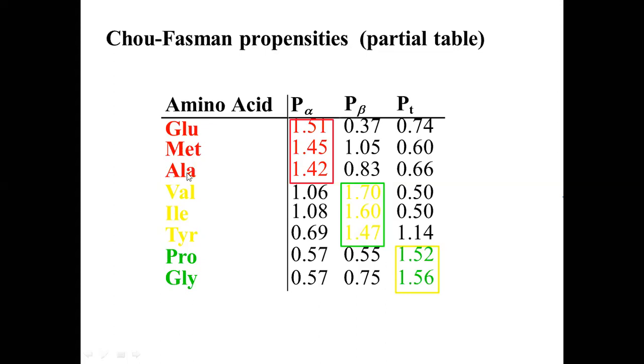Same with methionine and alanine. For valine, isoleucine and tyrosine, we have the biggest values in beta sheets, the yellow color in the table. And after that we have the values of proline and glycine in turns, right? So from this table we can derive which amino acid will be placed in which category, like in alpha helix, in beta sheet, or in turn.